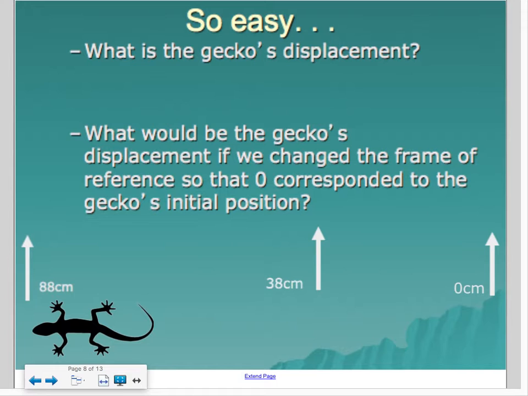The important part of this slide is that sometimes your initial could be 38 centimeters. Other times your initial could be starting at 0. If that's the case, a lot of times your delta x is really just going to be your whole displacement. But on occasion, if you do have an initial value, that will change things slightly.